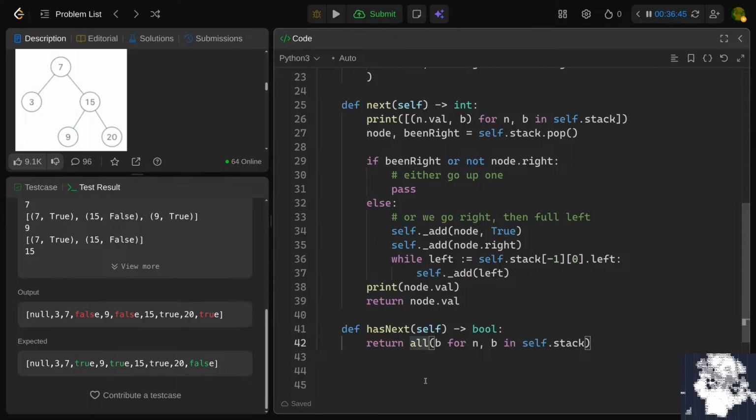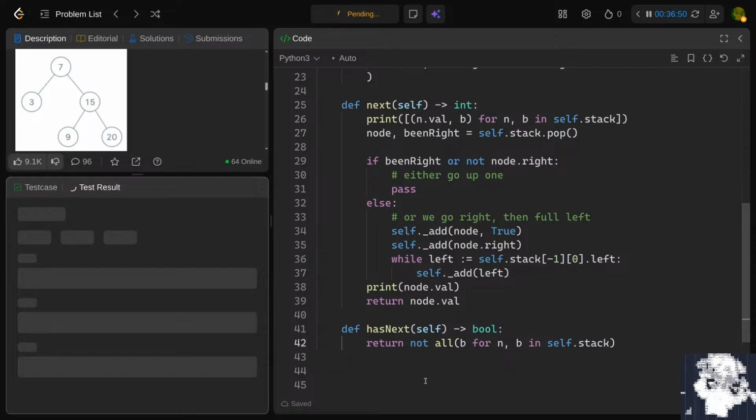Or return, that would be when there's not a has next, so not all.